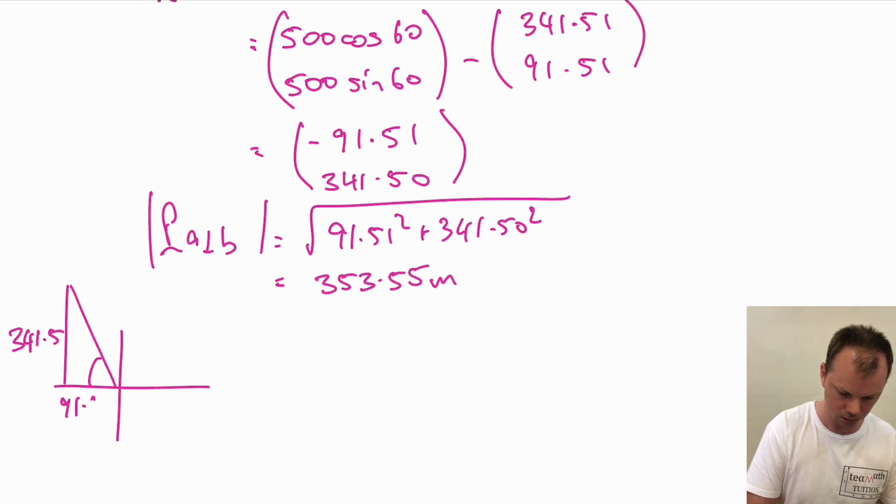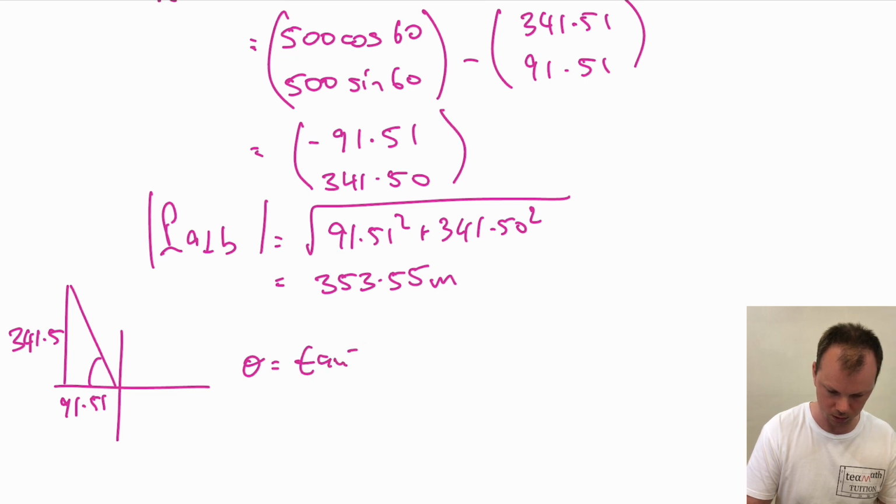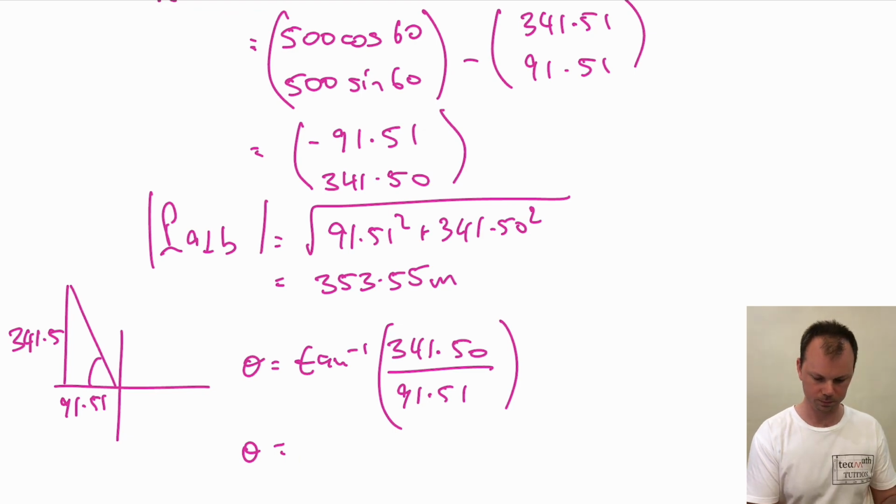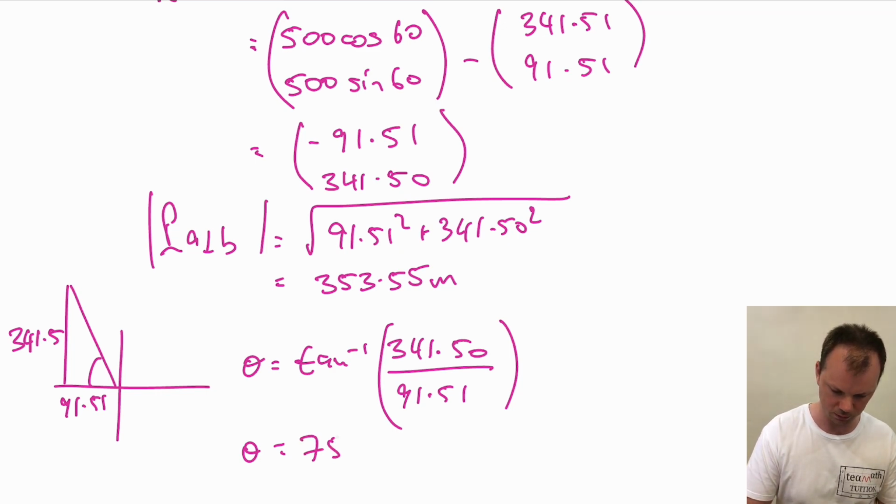And so our theta is going to be opposite, and we get 75 degrees.